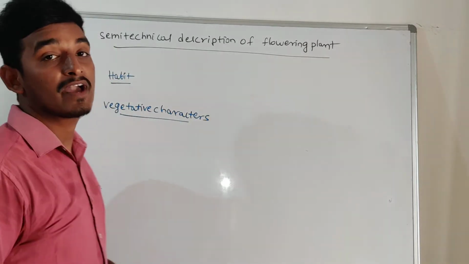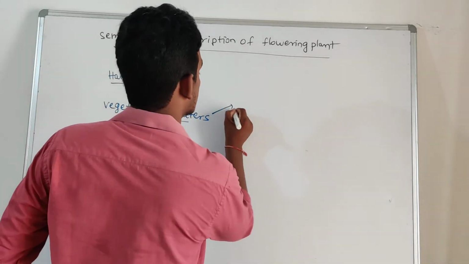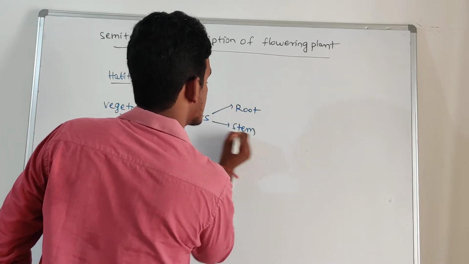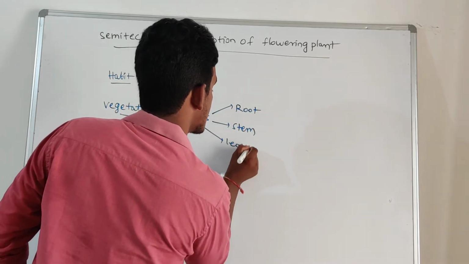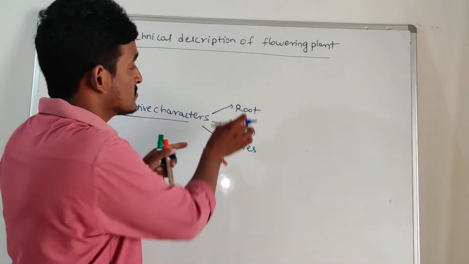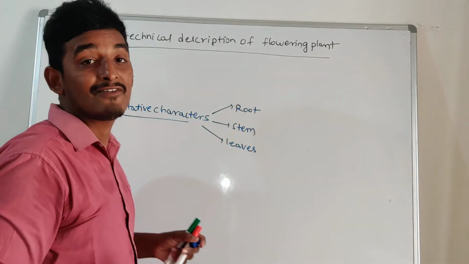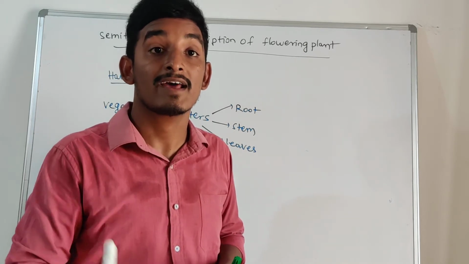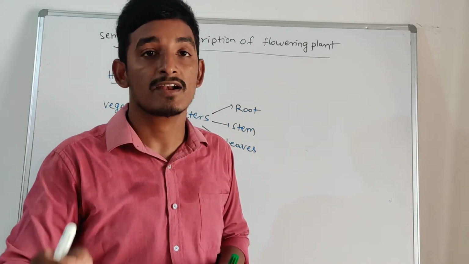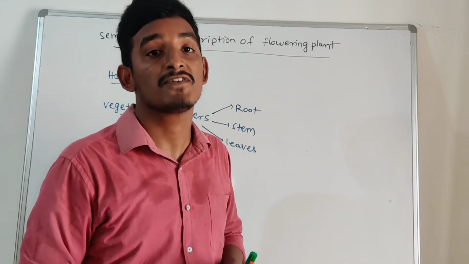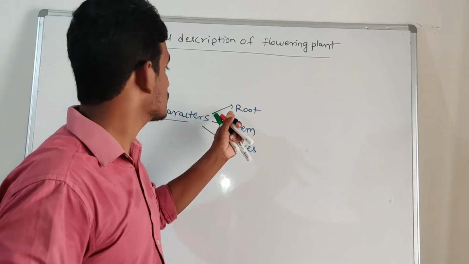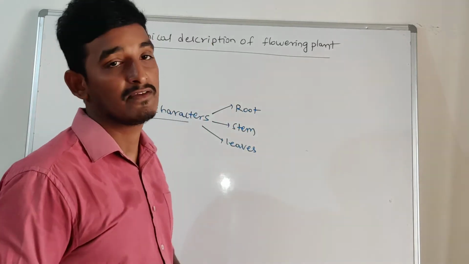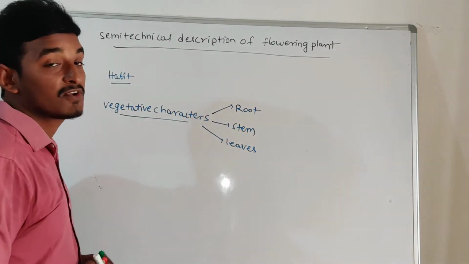Under vegetative characters, you should mention the root, stem and leaves. First you should write the root: which type of root system it has, either taproot system, fibrous root system or adventitious root system. Later, if any special features are related to that root system, you should write those details, like stem and leaves.